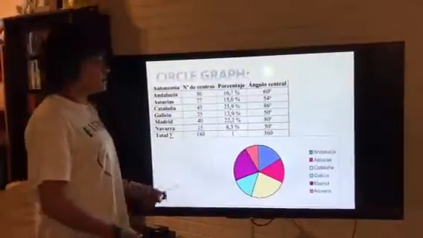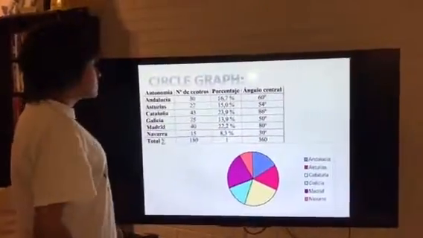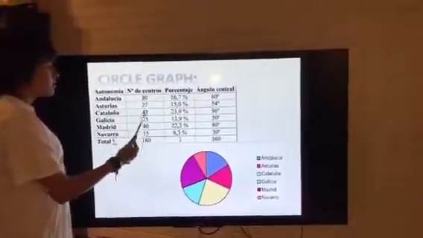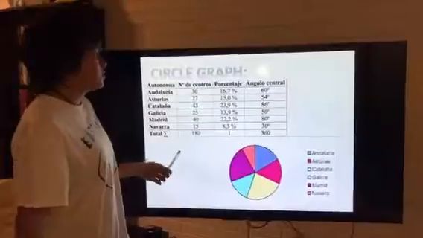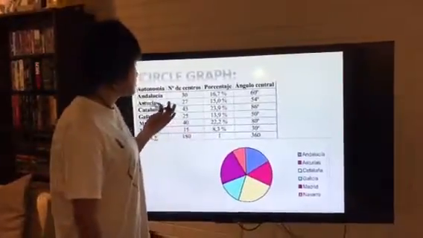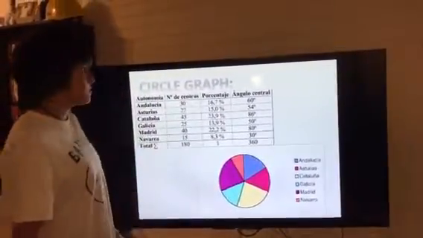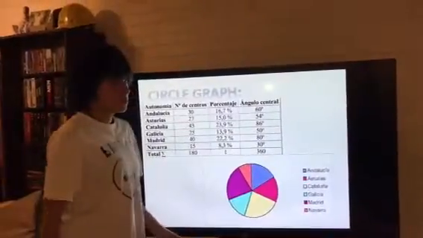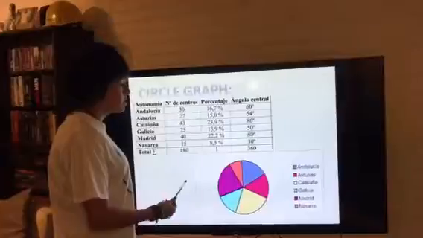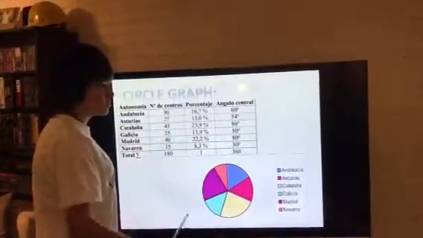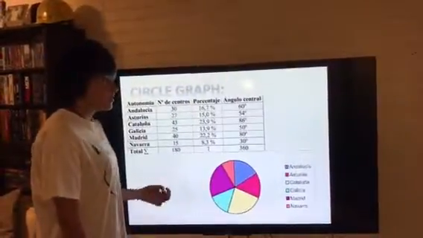Okay, here we have the example. In this case, we can see that we have the number of centers of each state. So in order to obtain the percentage of each state, of each center, we use the rule of 3. For example, we have 180 is equal to 100%.